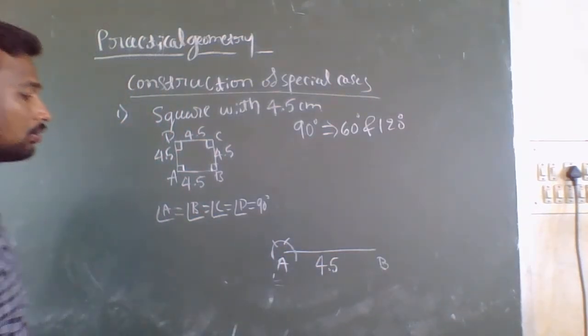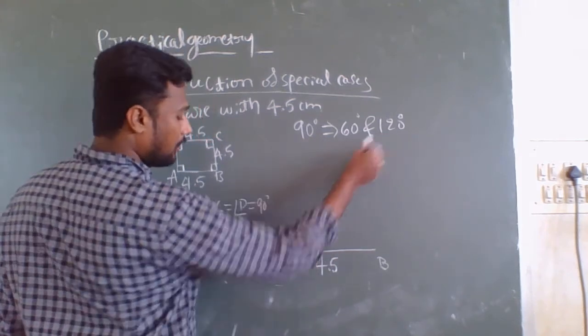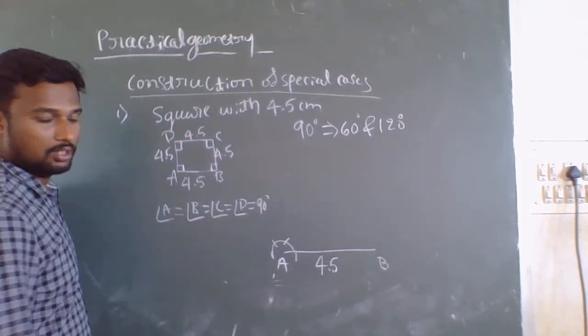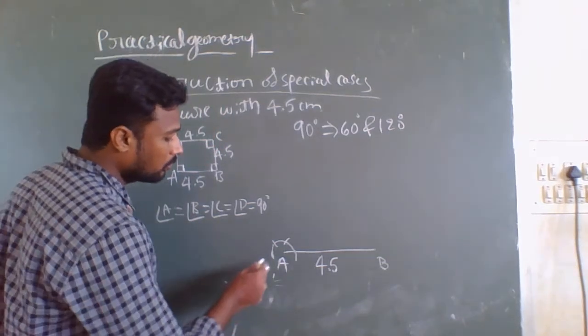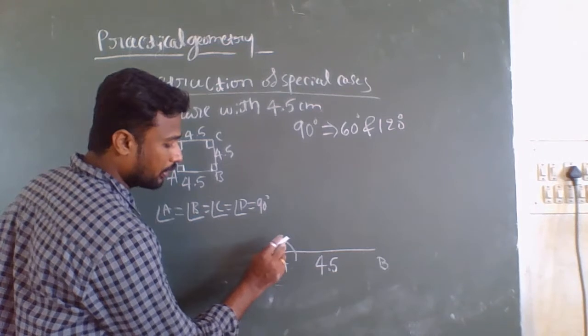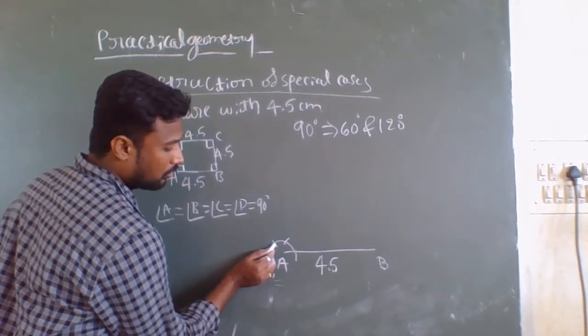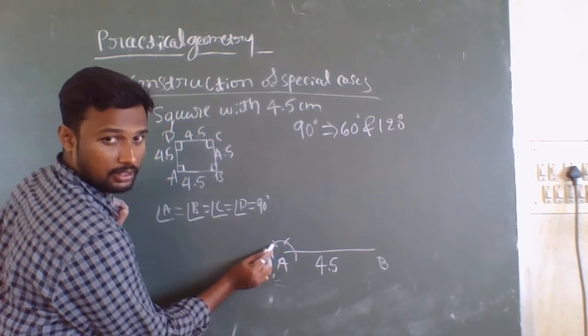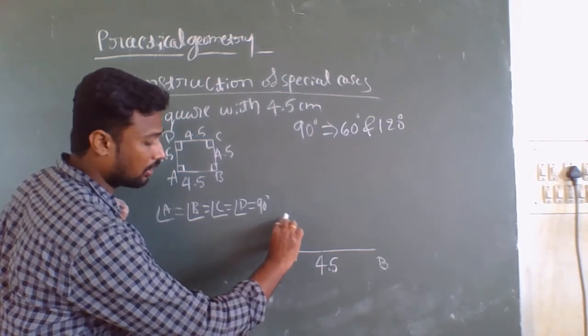So now we all know this 90 degree is between 60 degree and 120 degree. So now I can get 90 degree. How? I will draw an arc by keeping the needle of the compass on 120 degree line intersection here. By keeping it here like this, I will draw an arc.